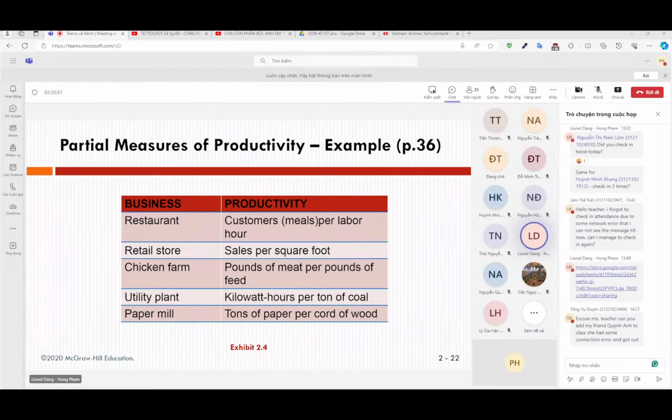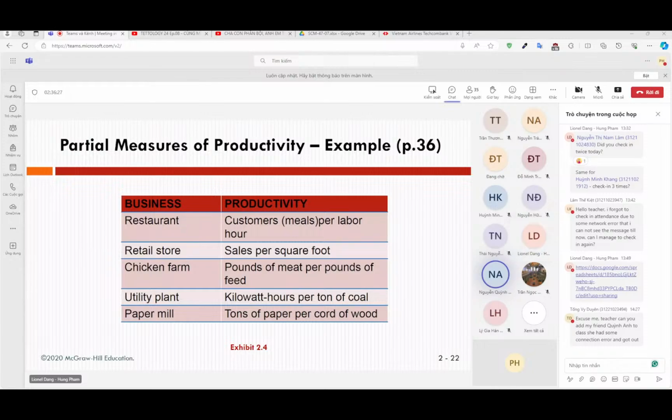Go ahead, Gunan. For the retail store, the measure of productivity is sales per square foot. Over square meter, right? In Vietnam, we use the square meter.